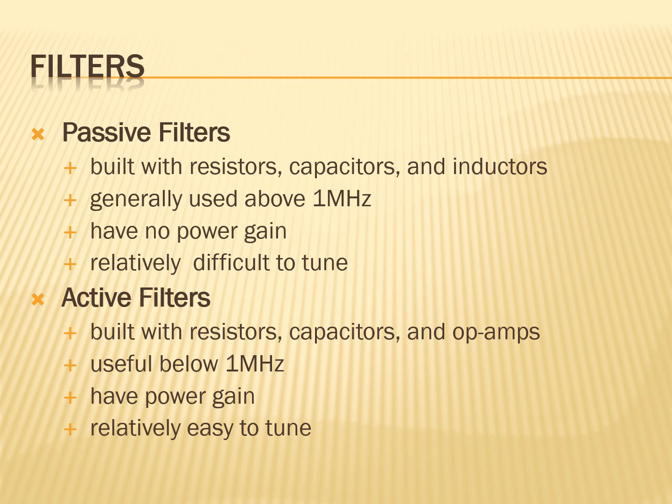Now, active filters. Active filters are built with resistors, capacitors, and operational amplifiers. Most active filters are implemented using operational amplifiers. Since they make use of operational amplifiers, and we know that certain operational amplifiers function only below 1 megahertz, this type of filter is useful when we are dealing with frequencies below 1 megahertz.